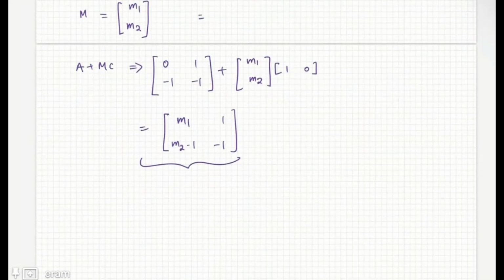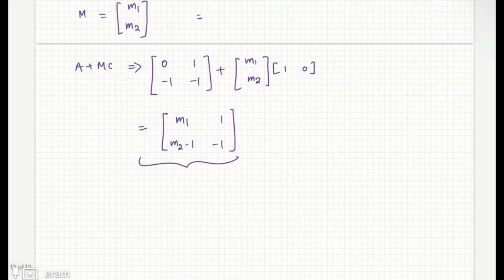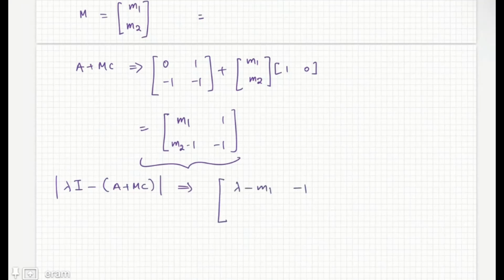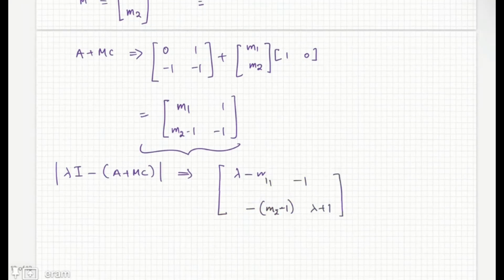So when we write the characteristic equation, that is the determinant of lambda I minus (A plus MC), when we calculate, it would give us lambda minus m1 minus 1, lambda minus m2 minus 1, and then minus m2 minus 1, and then lambda plus 1.